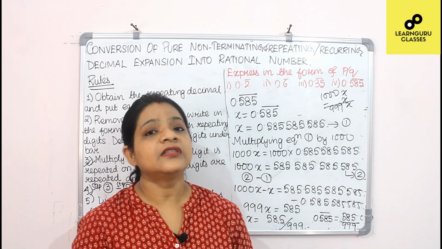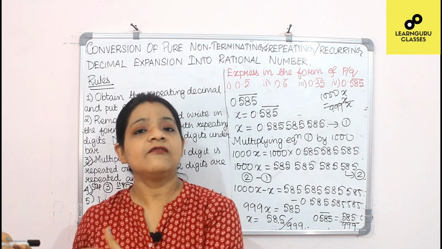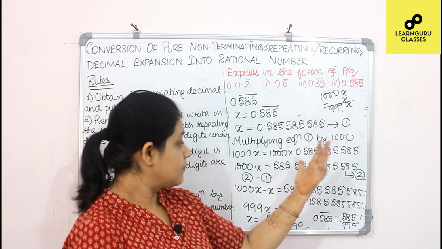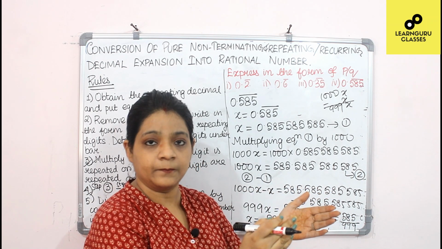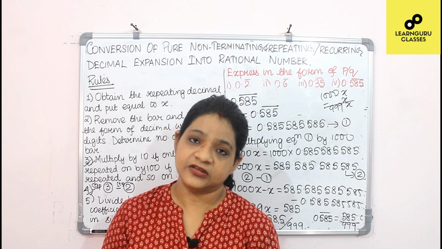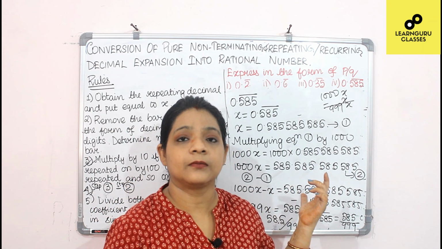After getting this, you will give it as equation 2, and the digits will be shifted depending on the number you have multiplied with.